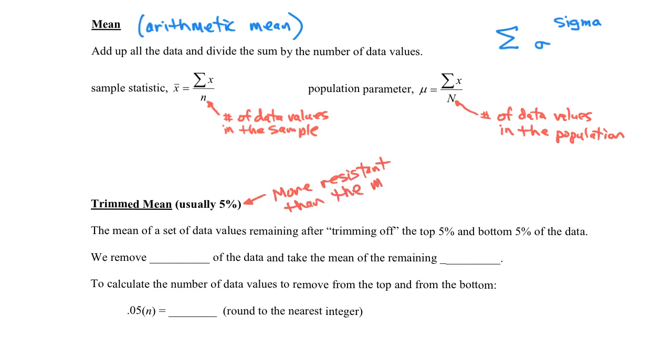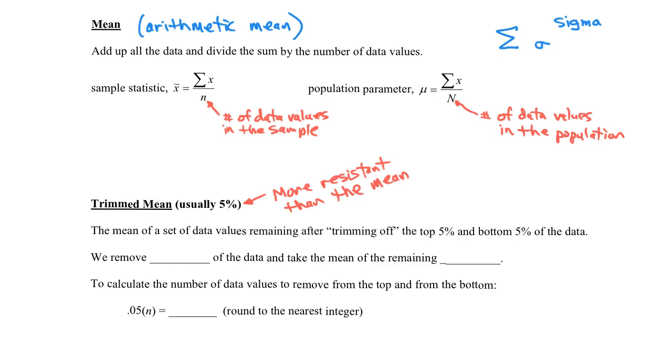So if you remember the mean, the mean is not resistant because it adds up every single data value. And if there's an extreme data value, a giant one or a really small one, it's going to influence the mean. So the trimmed mean will oftentimes correct that because we're going to trim off values.